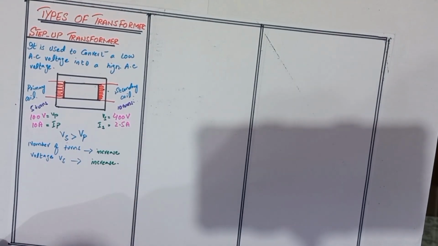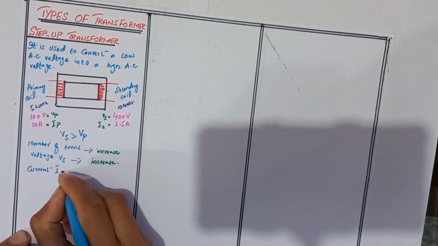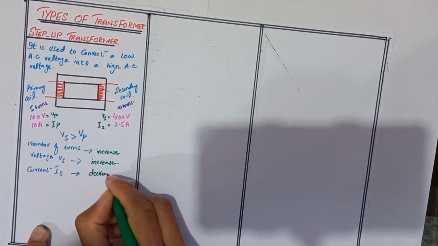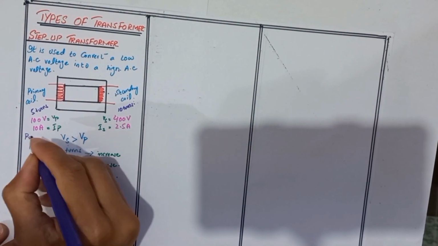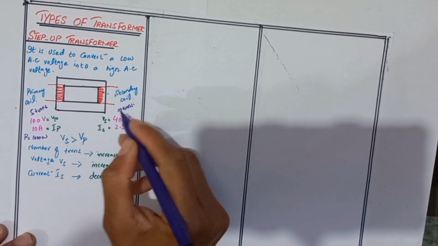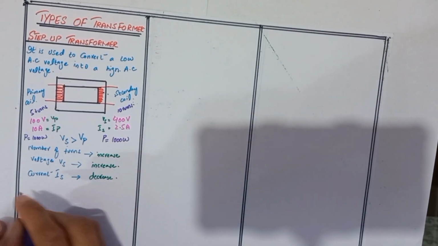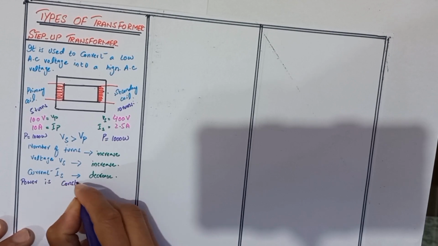When voltage increases, the current in the secondary coil decreases. Power is the same in both cases, that is 1000 watt. Here the power is 1000 watt in the primary coil, and the secondary coil power is also the same, 1000 watt. So here we write power is constant.